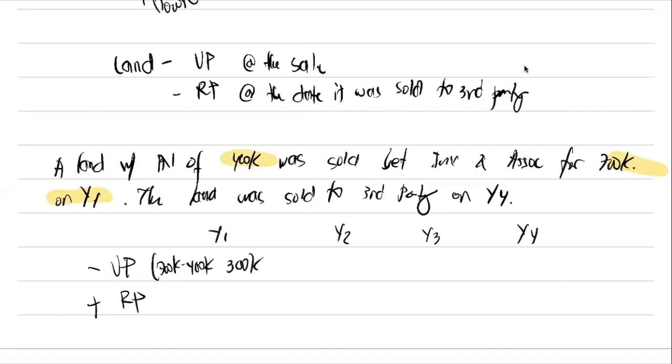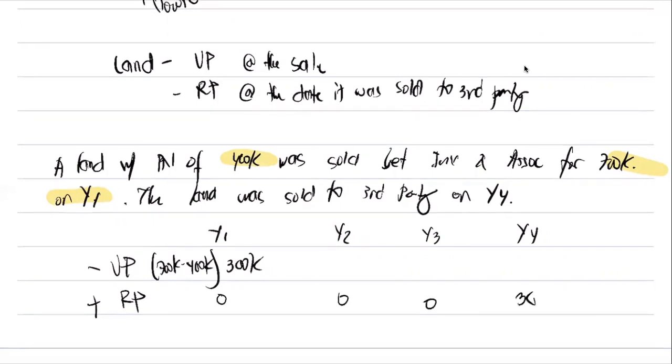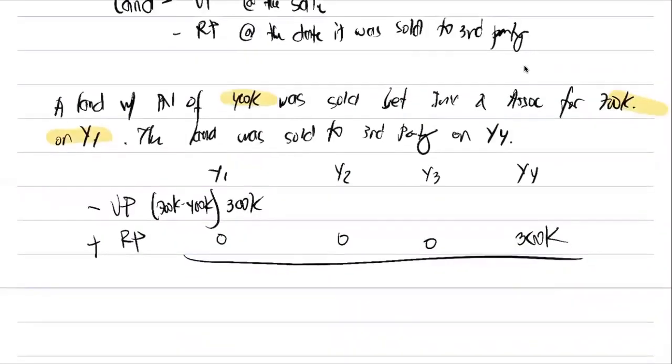So 300,000. And then it was realized at the time of sale to third party. In year one, was it sold to third party? No. Year two? No. Year three? No. Year four? Yes. So it will now be realized. Okay, so what are the adjustments? Year one, negative 300. Year two, 0. Year three, 0. Year four, positive 300,000. And again, this will be dependent whether it is upstream or downstream.